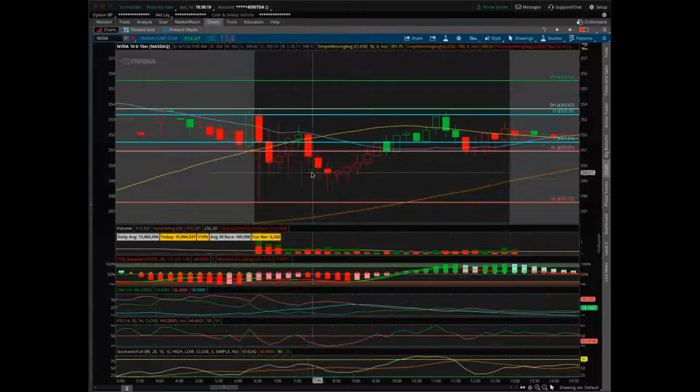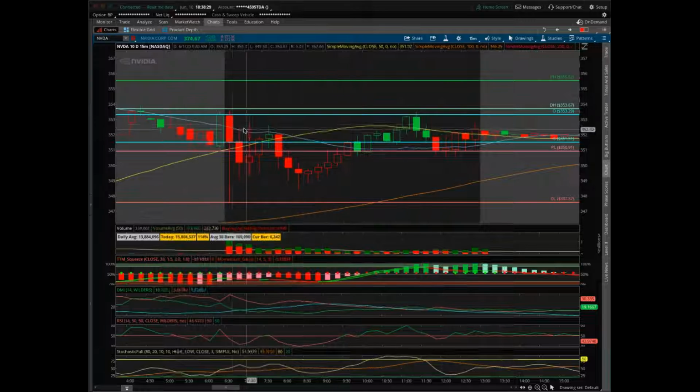Here, it never even got down to this low, but if it did, that could be a good area to buy. But sideways consolidation basically. And the market told us this was going to happen because our first candle was so large that the first 4 to 5 candles were in that range.